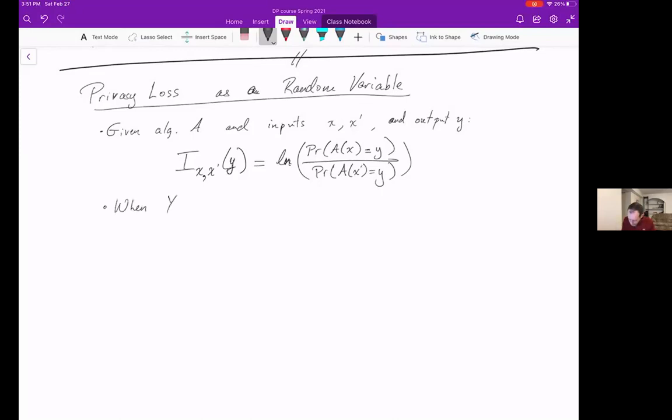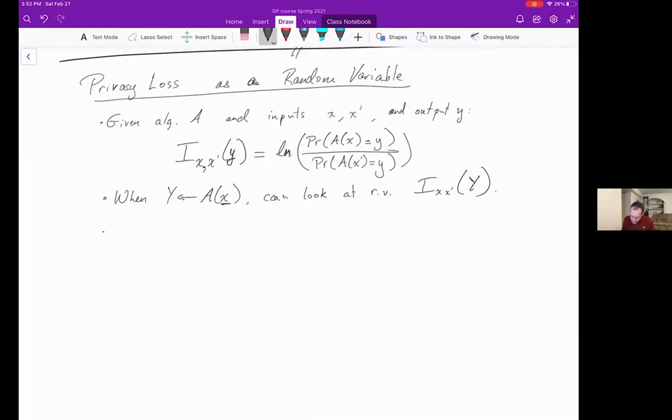Suppose we select a random output from running the algorithm on dataset X. Then we can look at the random variable which is the privacy loss evaluated at this random output, drawn under input X. Notice things aren't quite symmetric here. X is in the numerator, X prime is in the denominator, and I'm choosing to look at the distribution of y on input X, the one in the numerator. It turns out that's the right way to do it.